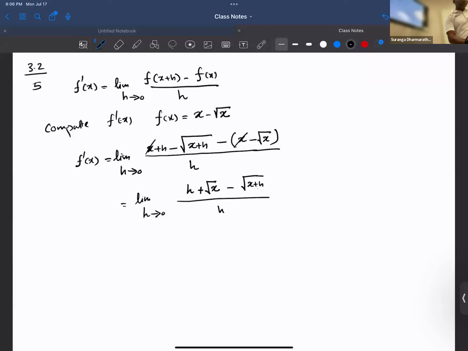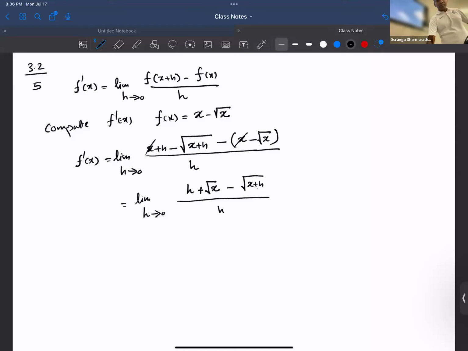Therefore 0 divided by 0. So it's an indeterminate case. We don't know whether this limit exists or not. Indeterminate does not mean the limit does not exist. We have to algebraically work this out a little bit to figure out whether the limit actually exists or not.